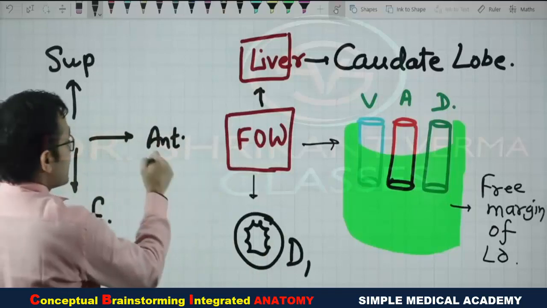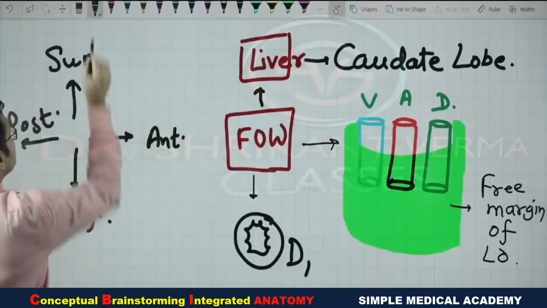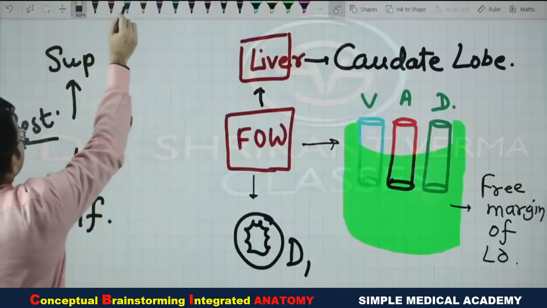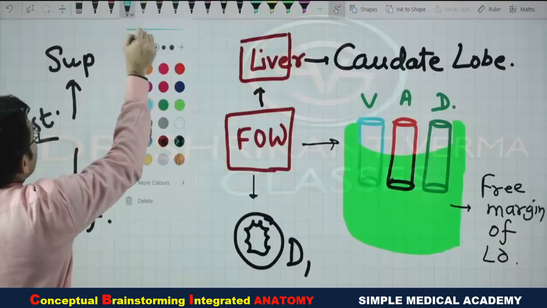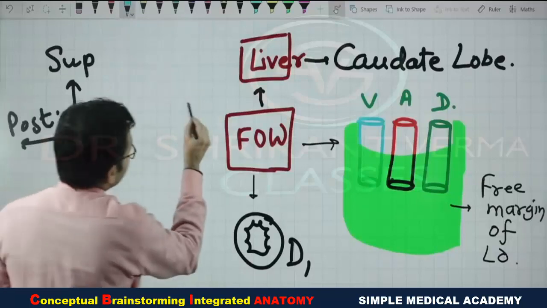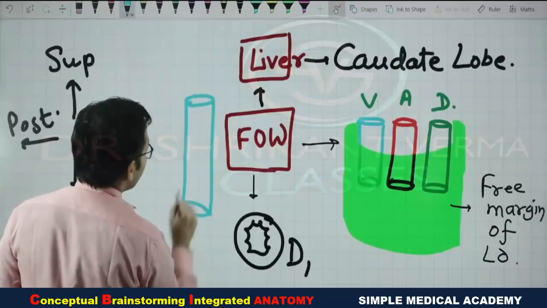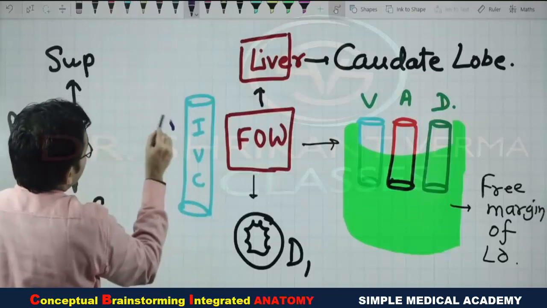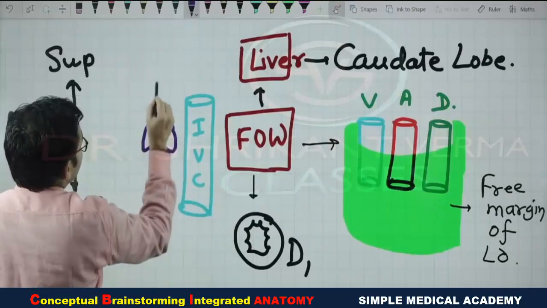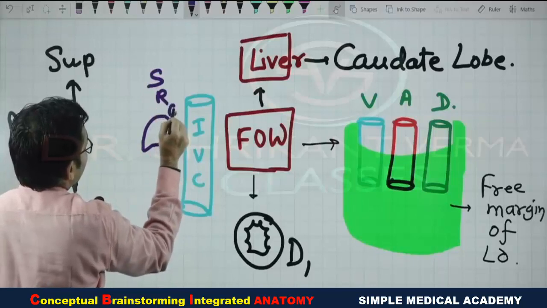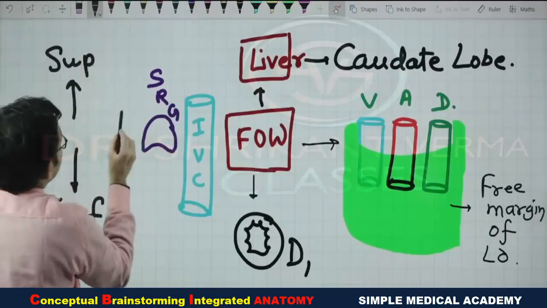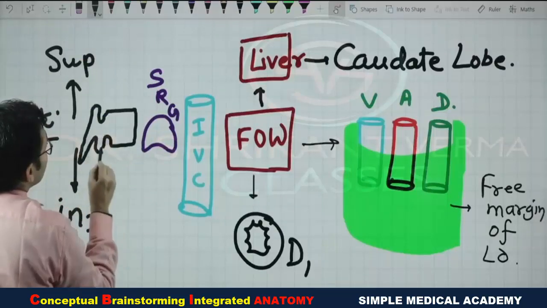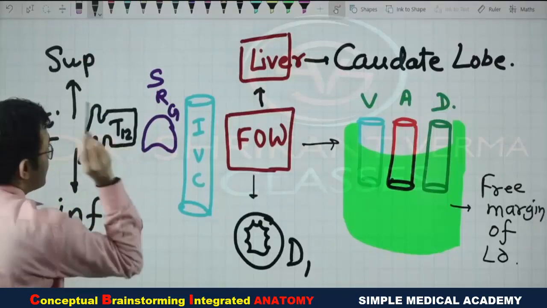And the posterior boundary: this part is the posterior. The posterior side is formed by the structures of the SIT. In sequence, if you draw, here is the inferior vena cava, here is the suprarenal gland, and posterior to it is the location of the thoracic vertebra, T12.